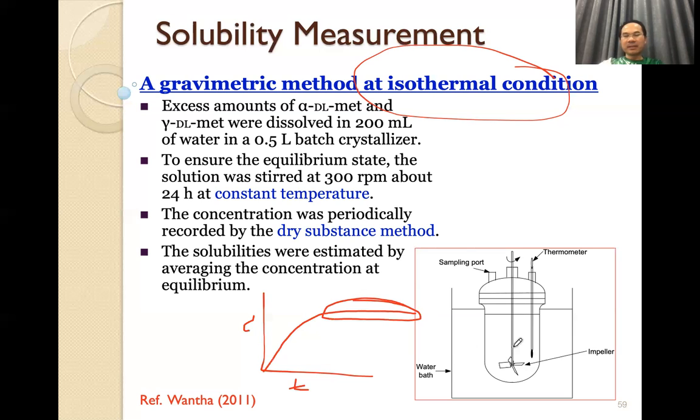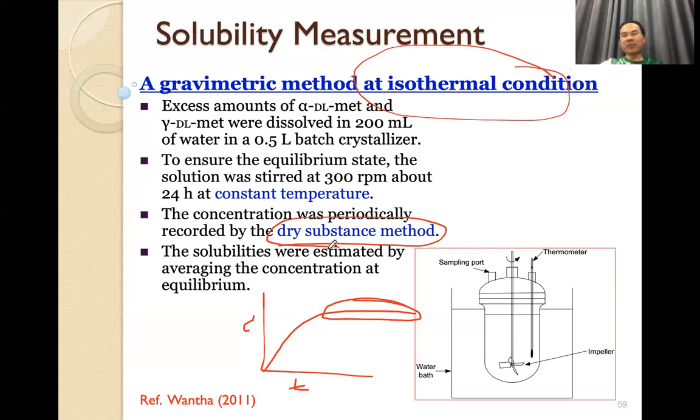And also, how to determine the solution concentration. During the mixing, you sample the solution by filter. You get the clear solution, and then you have to calculate how much solute is in the solution. The easy way is maybe the dry substrate method.